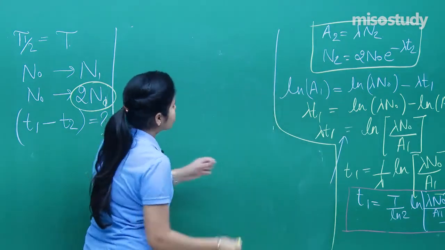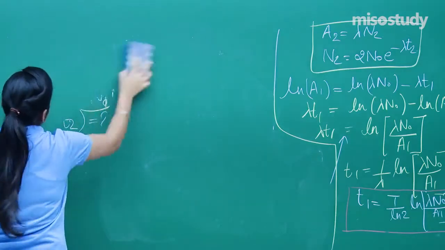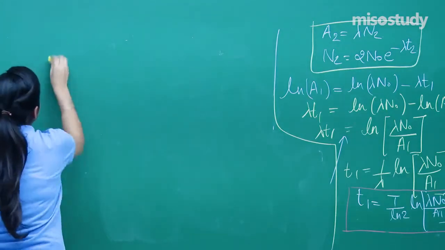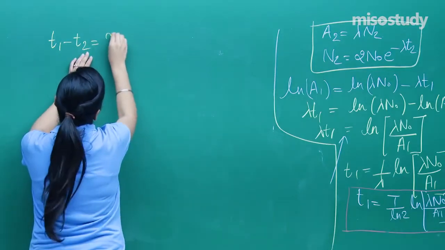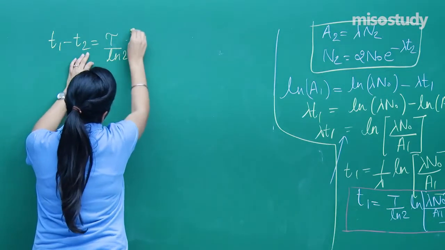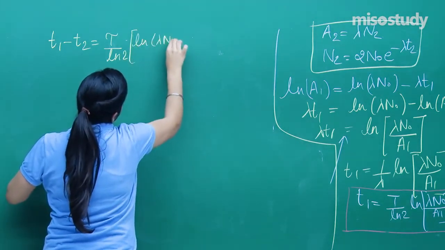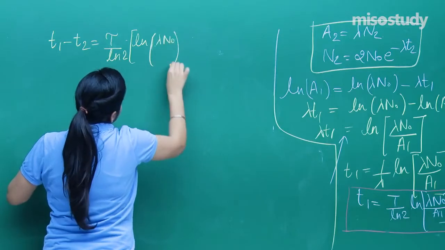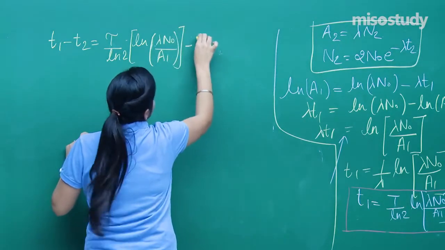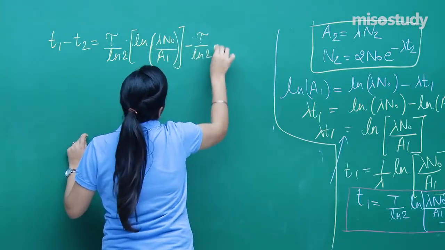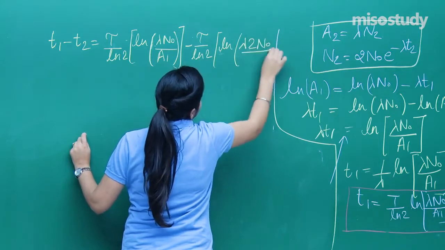So your T1 minus T2 will be T by log 2 into log of λN0 divided by A1 minus T by log 2 log of λ2N0 divided by A2.